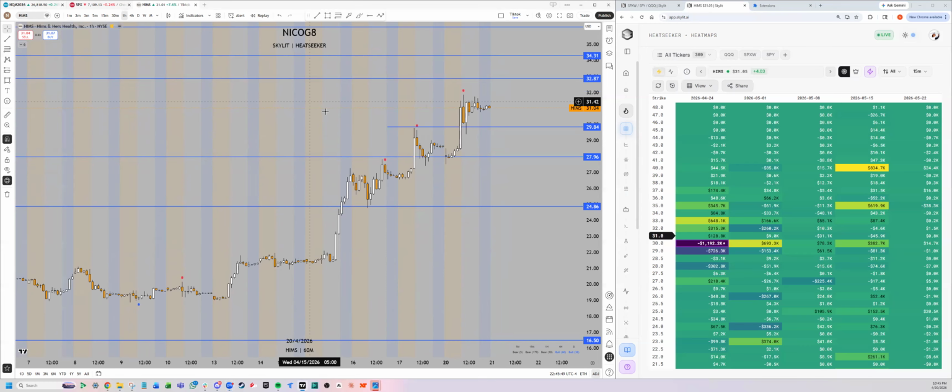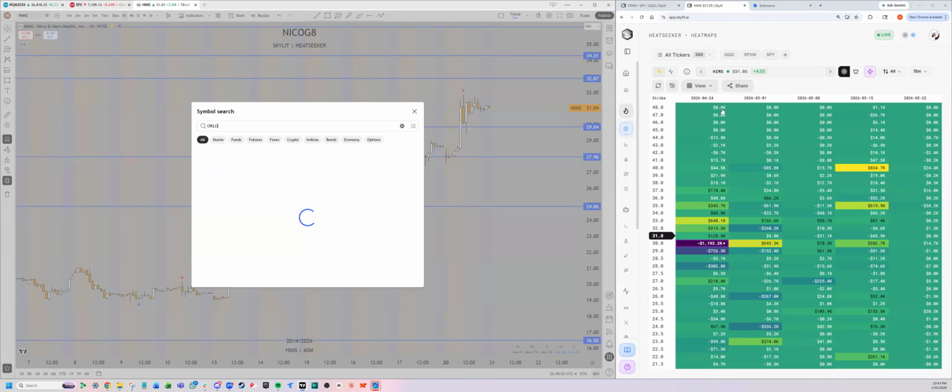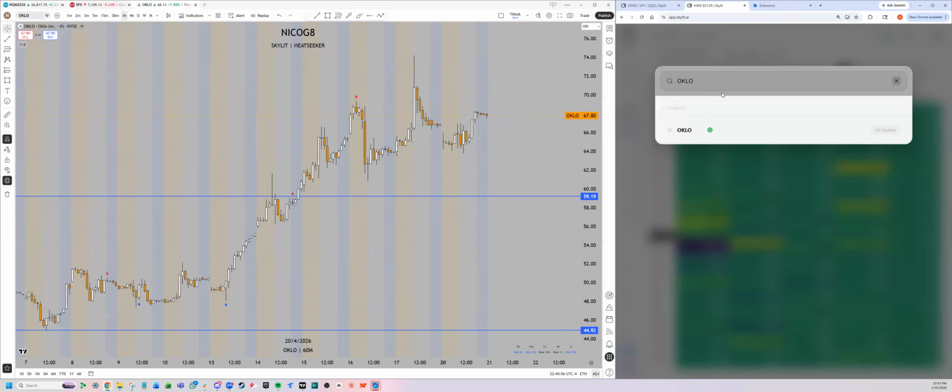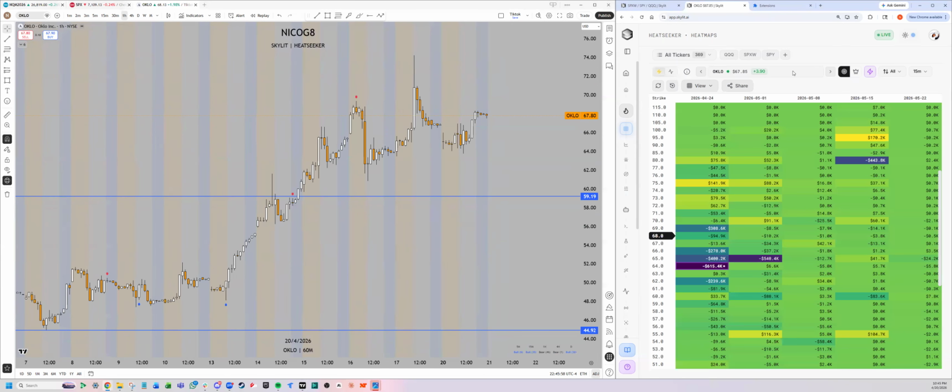TTB, you got OKLO. I don't know. When OKLO moves, it usually moves pretty big time. You got 64 puts. Are you cooked? I don't know when you entered these, TTB.